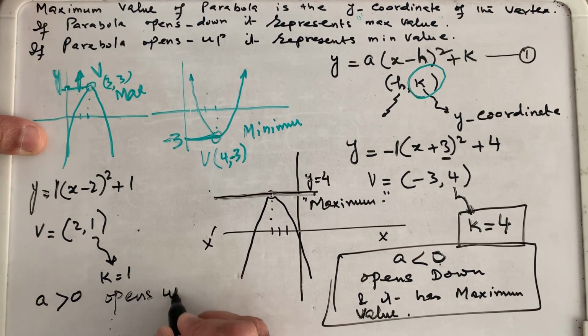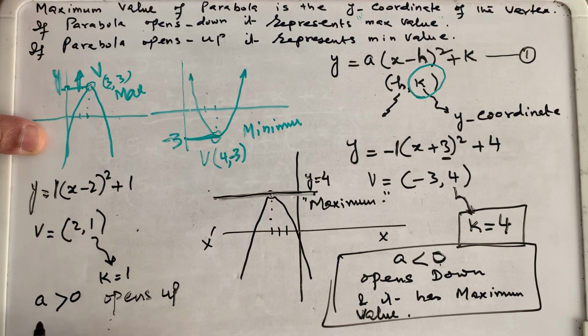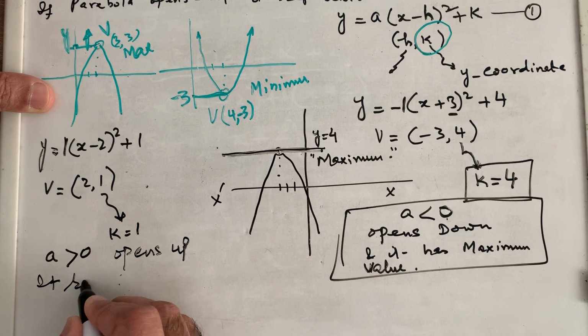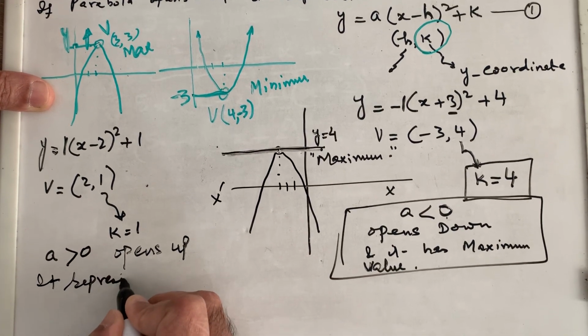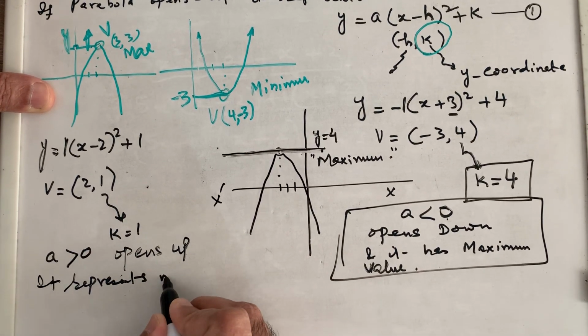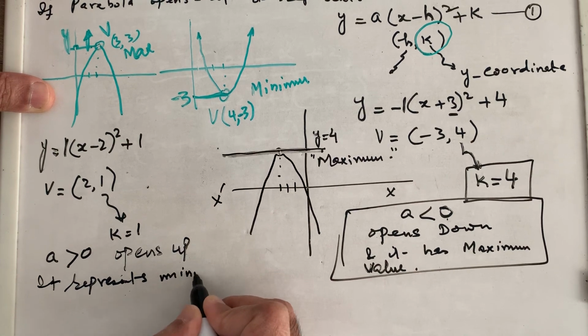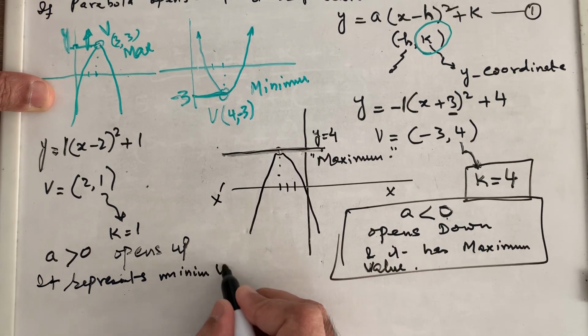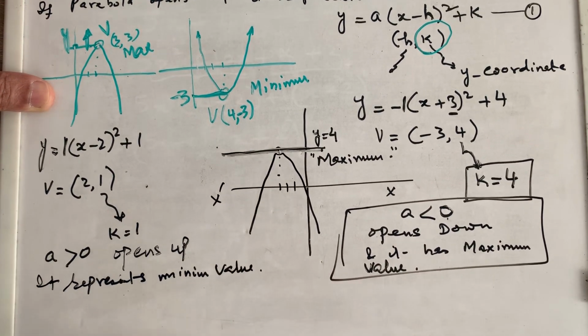So a is greater than 0 means opens up always, right? And when it opens up, what does it represent? It represents minimum value.